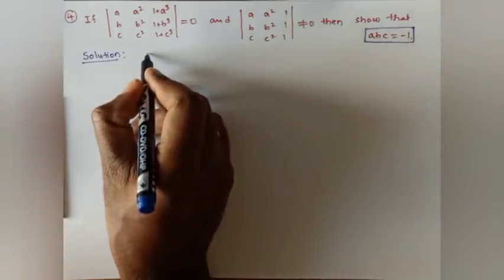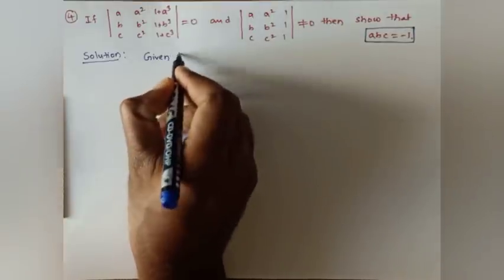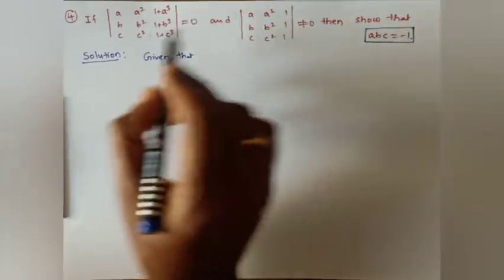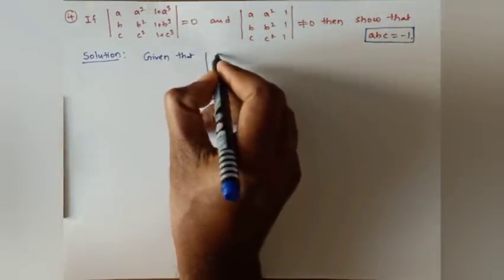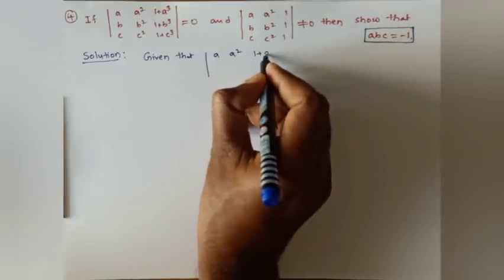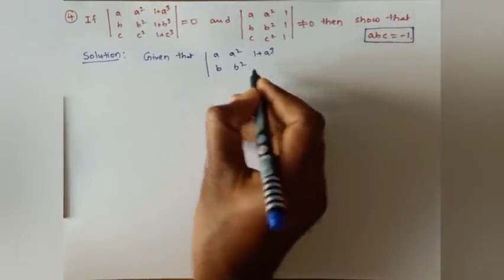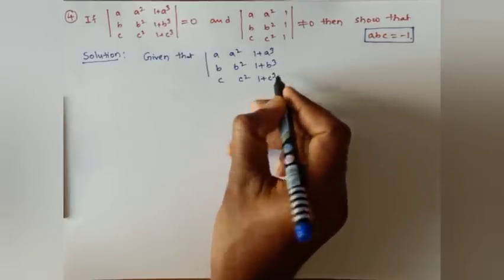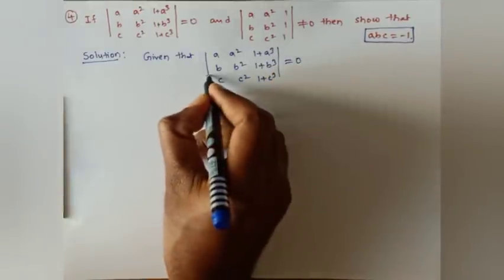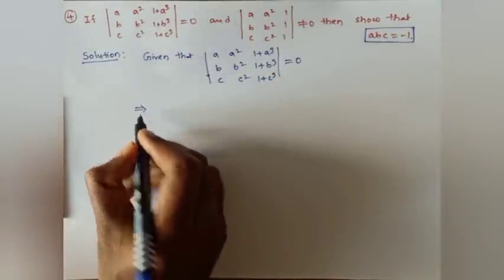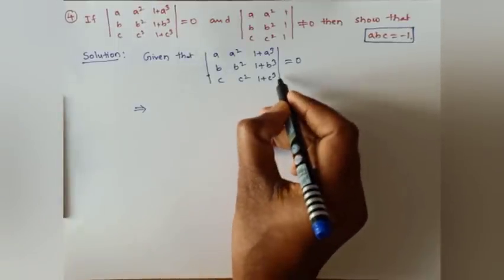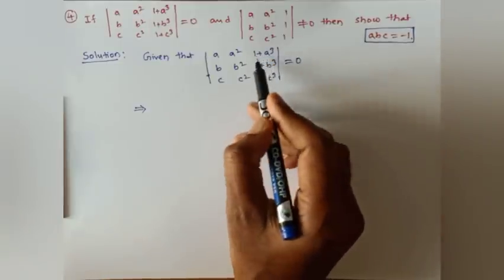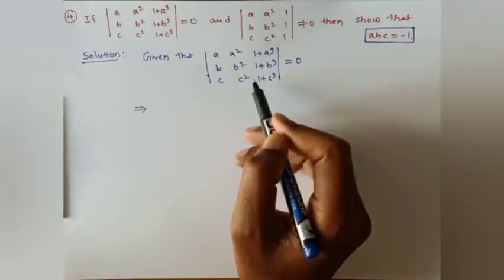Okay, here given that, what is given? Two conditions. One condition is the determinant of this is not equal to 0 and this equation, that is a square 1 plus a cube, b square 1 plus b cube, c square 1 plus c cube is equals to 0. Now, here you can observe the third column of the given determinant. Each and every element of the third column contains a sum of two terms.